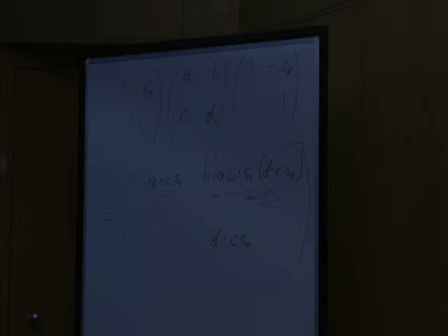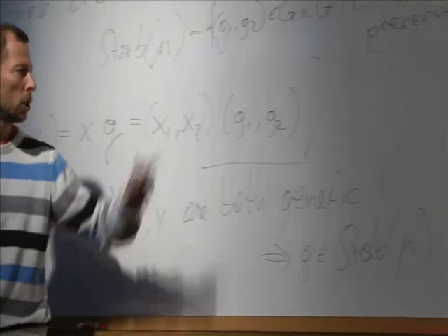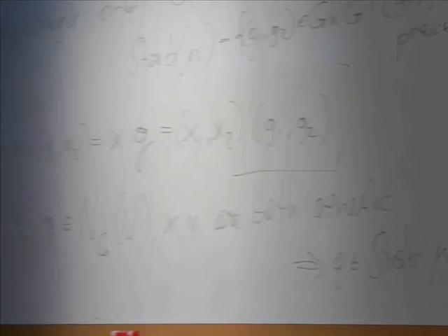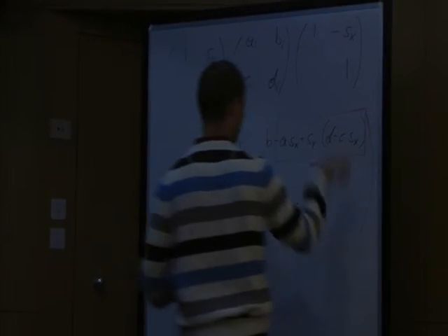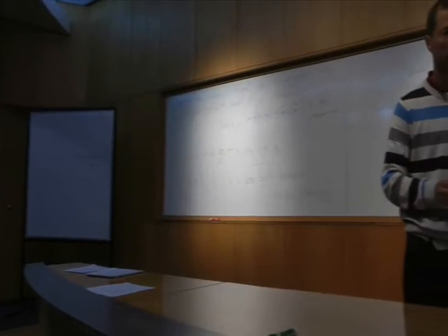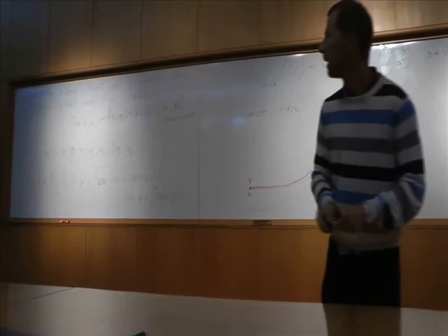this index. G1 is A1, B1, C1, D1, and G2 is A2, B2, C2, D2. So I have to put this i equals 1, 2 at every letter that I have here. The Sx and Sy are the same for i equals 1? Yes.